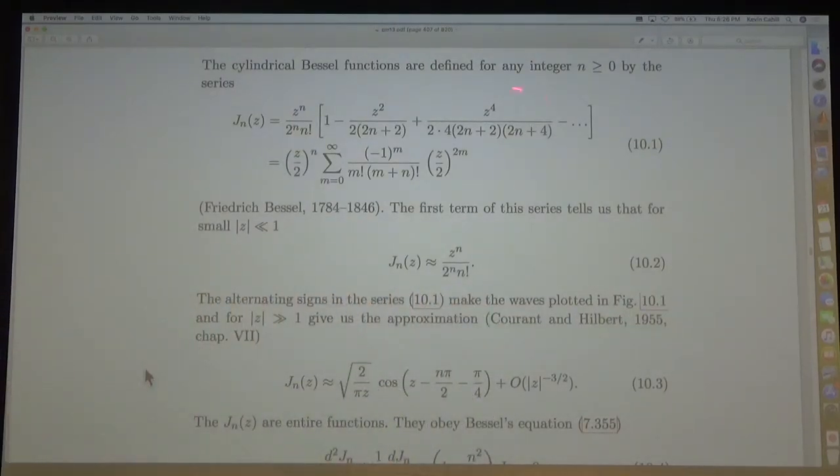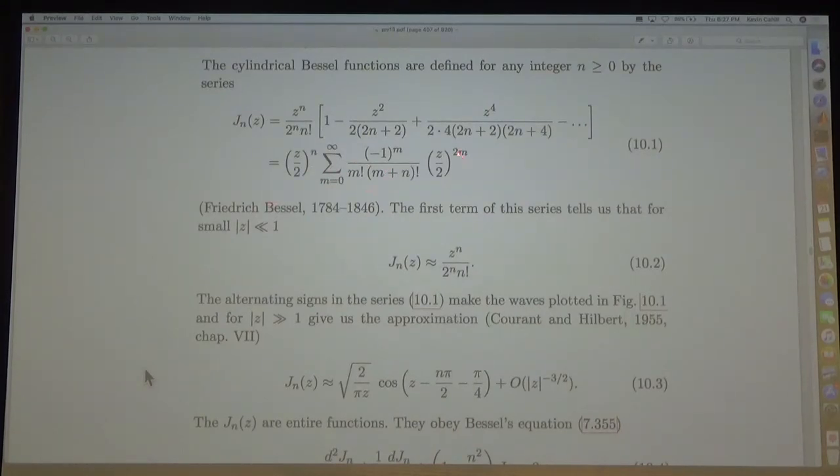As you see, it's an infinite series, and it's a somewhat complicated one. It's obviously an entire function of z, because you have a double m factorial down here, and consequently the series converges very rapidly.